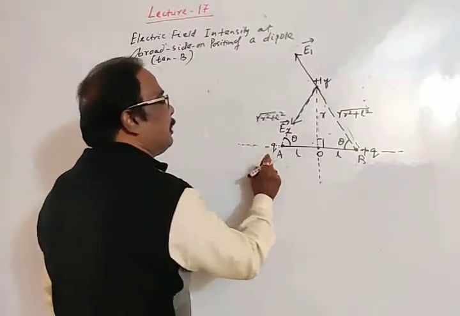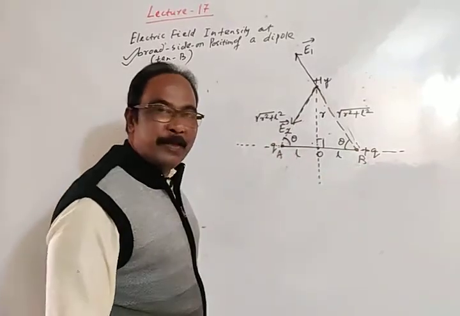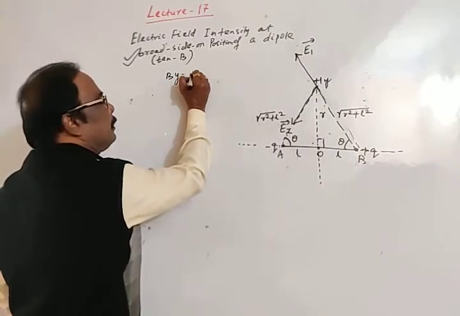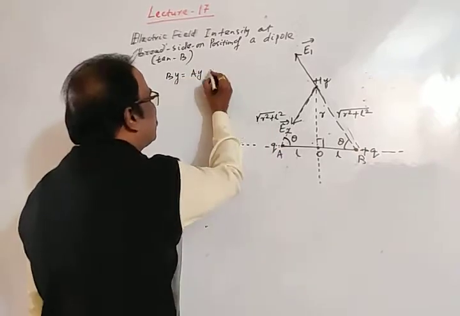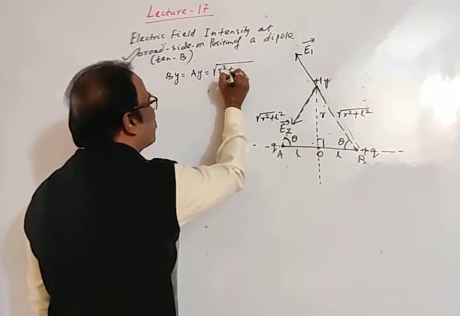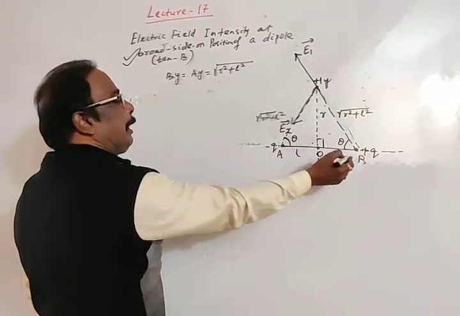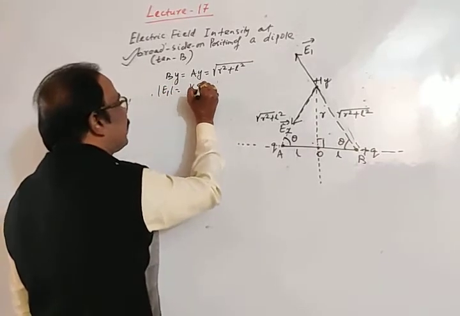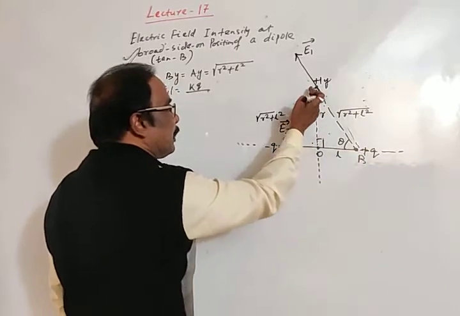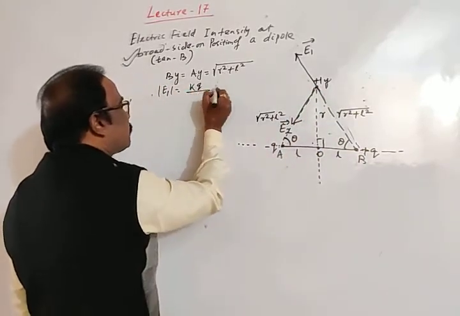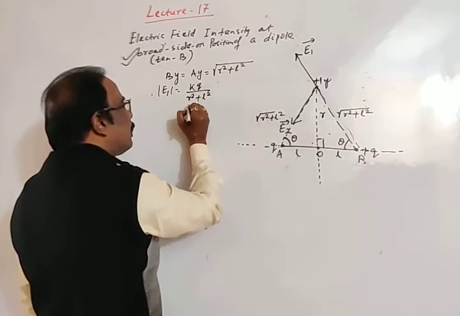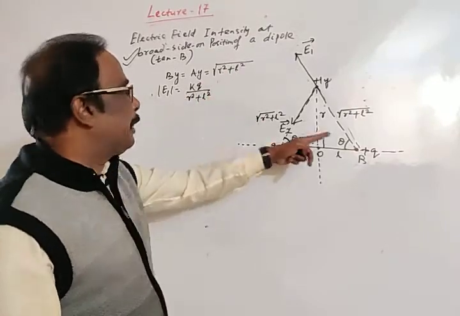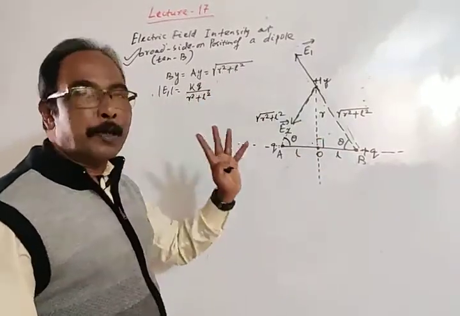Here the magnitude of these two charges is the same. Also the distance from B to y is equal to the distance from A to y, and both distances are the square root of R square plus L square. So the electric field due to plus q, E1, has magnitude kq divided by the square of the distance, which is kq by R square plus L square.